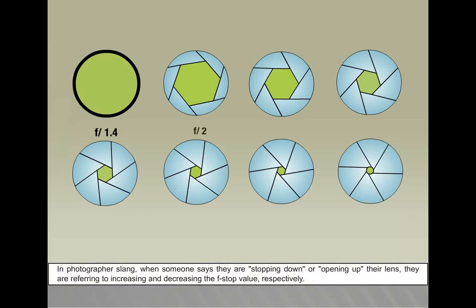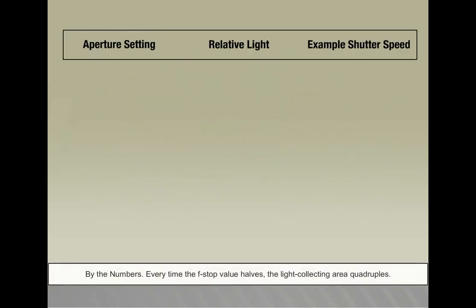In photographer slang, when someone says they are stopping down or opening up their lens, they are referring to increasing and decreasing the f-stop value respectively. By the numbers, every time the f-stop value halves, the light collecting area quadruples.